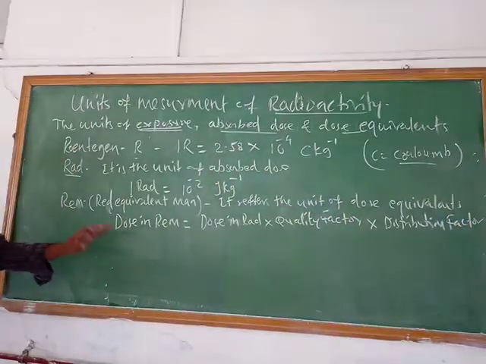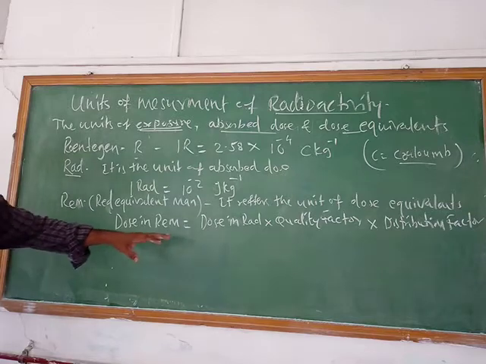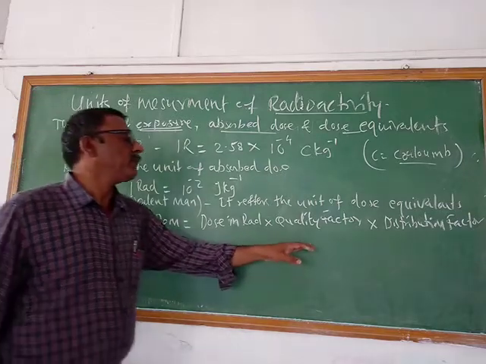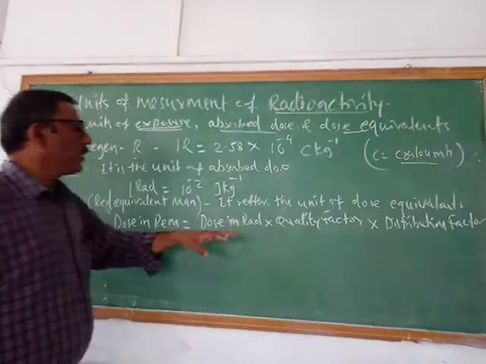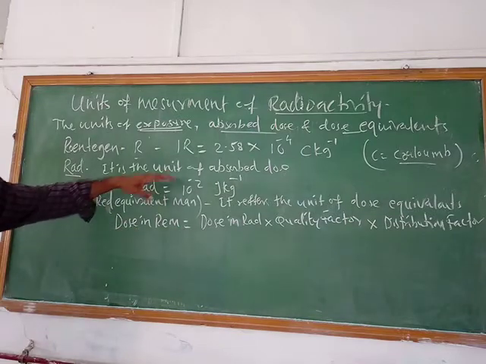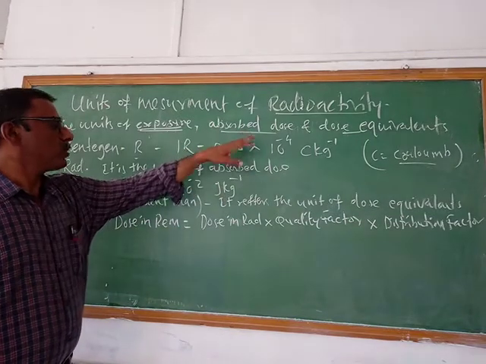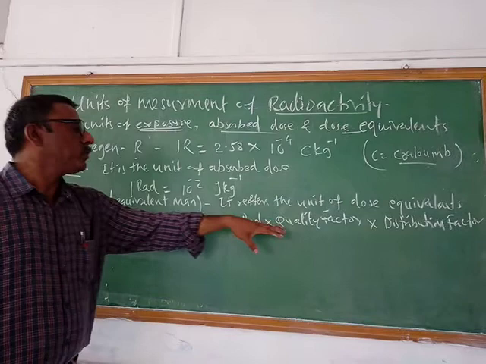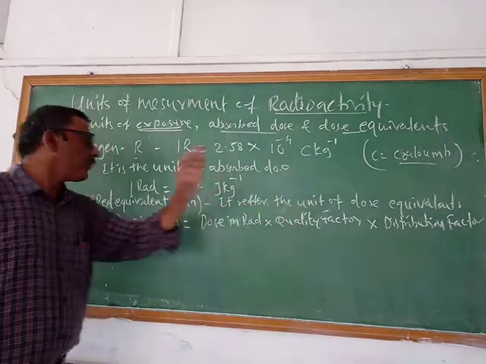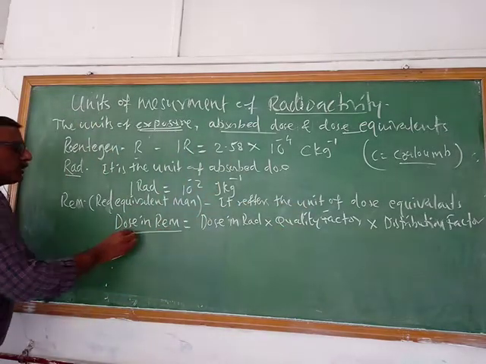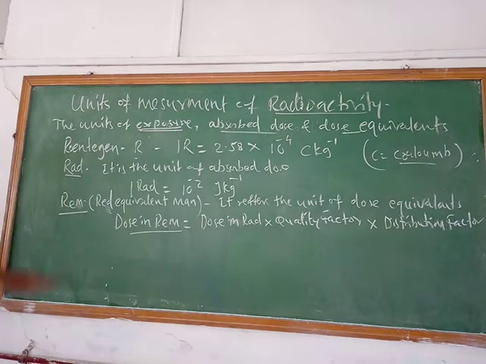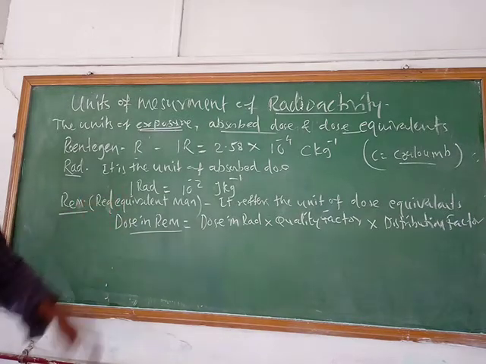So that's why I'm saying that those in rem are rad into quality factor into distribution factor. Rad means unit of absorbed dose. So absorbed dose into quality factor into distribution factor is equal to the dose in rem, roentgen equivalent man.